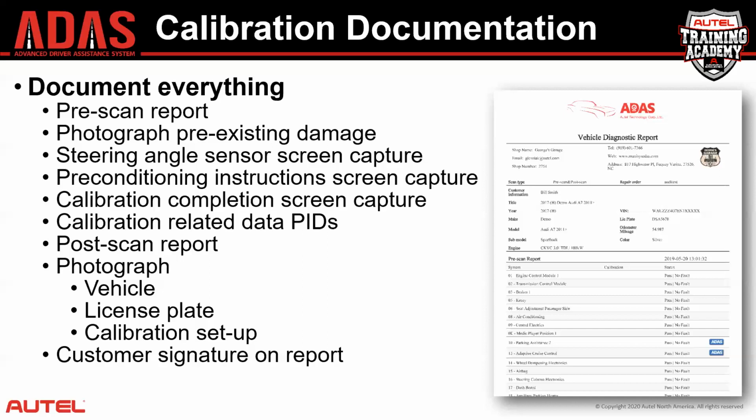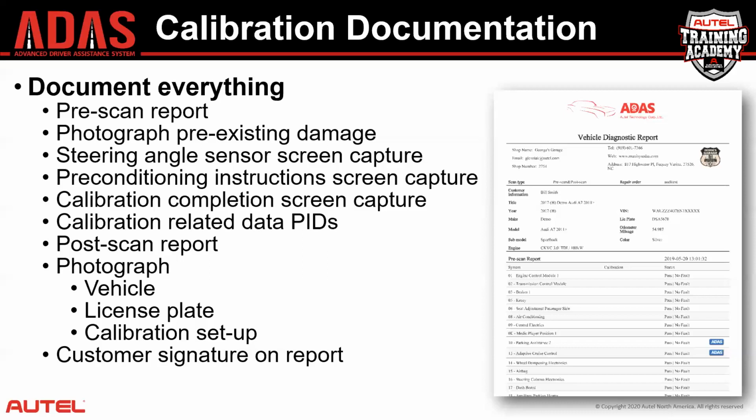Photographs. These are photographs that you could add to a report or save with your printed documents, an overall photograph of the vehicle. Some insurance companies want a photo of the license plate. Having a photo of your calibration setup could be important to show that you're using a professional system.